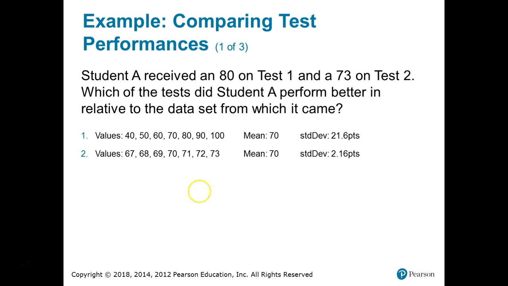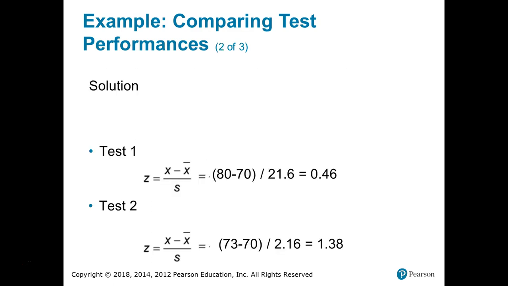We're not just saying, oh, 80 is greater than 73, he or she did better on test 1. No, we're saying which one did they perform better relative to the data set it came from. So we have to find two z-scores, one for each test, and then compare those values to each other. It's our way of normalizing so we can compare apples to apples. So let's go on.